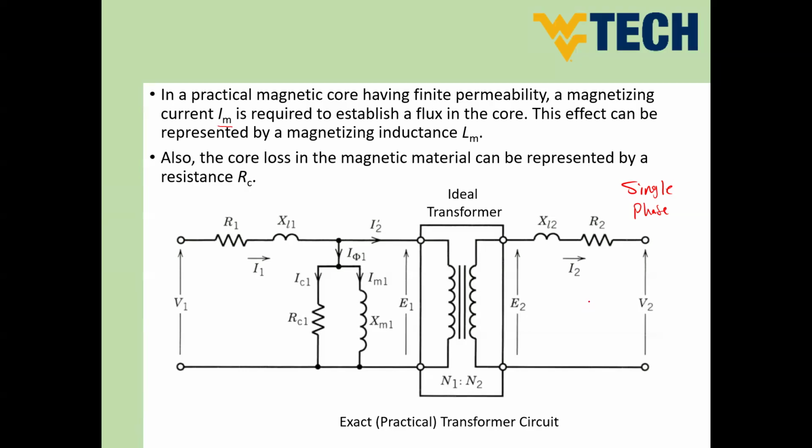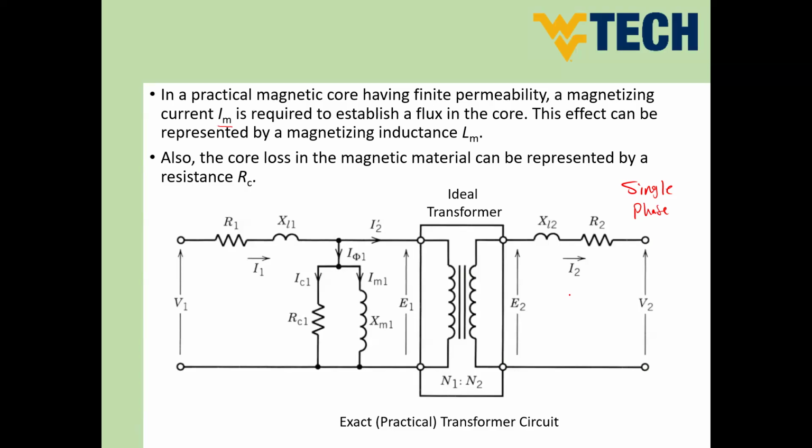But for the three-phase transformer, we will not draw the complete three-phase circuit because it's a symmetrical circuit. All of the devices in this course, guys, are going to be symmetrical or balanced loads, which means the three phases are identical. So you can just use a single phase and calculate everything, and then modify your relations to get the three-phase values.